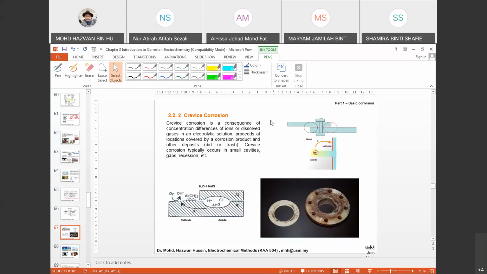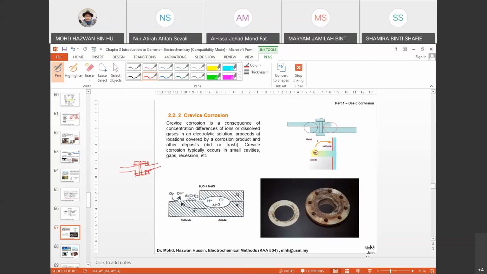This normally happens if you have a joint, a pipe joint. You attach these two joints with a screw or a bolt, and what you can notice here is that it has a gap.